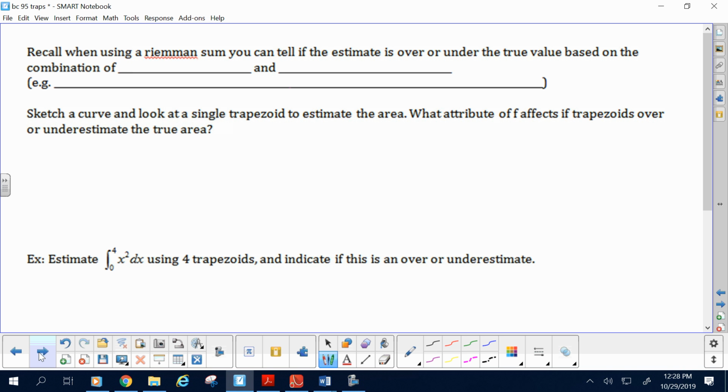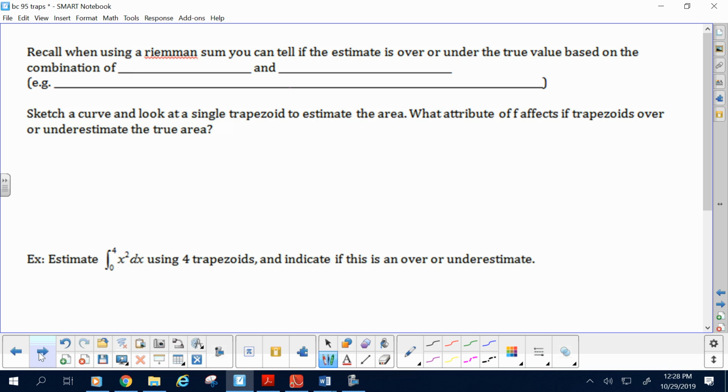Okay, next concept, we kind of touched on this in the problem in the warm-up. Recall when using a Riemann sum, which means rectangles, you can tell if the estimate is over or under the true value based on the combination of second derivative and first derivative.